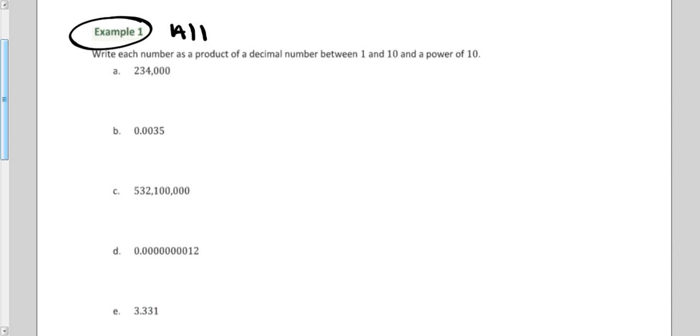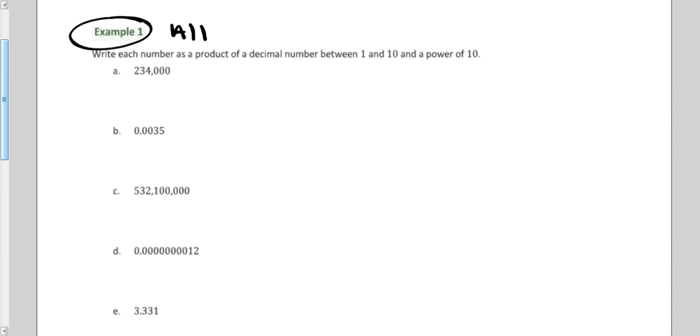So it's going to be that number, except with the decimal point in place where it's between 1 and 10. So if I take 2, 3, right? Where would you put the decimal point? So that's between 1 and 10.